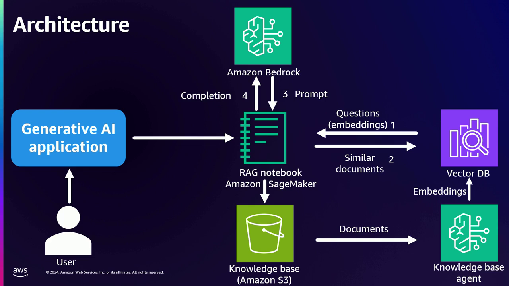Now, let's say you ask a question. What will happen is that question, in the form of embeddings, is going to go into the knowledge base. The knowledge base is where we have the contextual data, and that contextual data is going to be sent all the way to Amazon Bedrock, which has already existing foundation models. Those foundation models are already pre-trained.